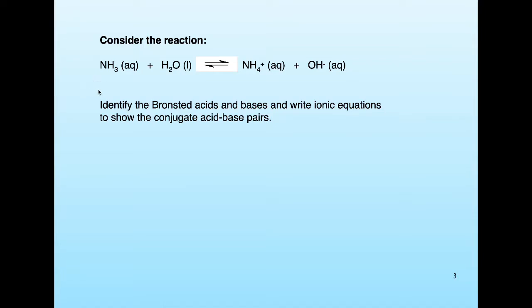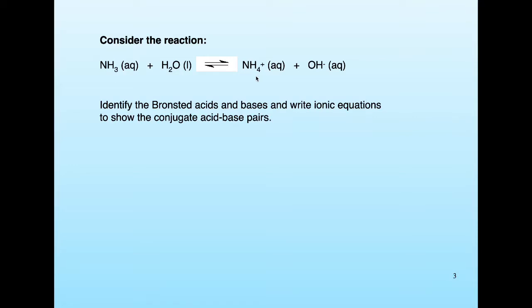And we can categorize these species according to the Bronsted-Lowry system. So we're looking for the acid on the left-hand side. What is the thing that's donating a proton on the left-hand side? And you can see that it's the water molecule. The water is donating a proton to the ammonia to produce the ammonium ion.